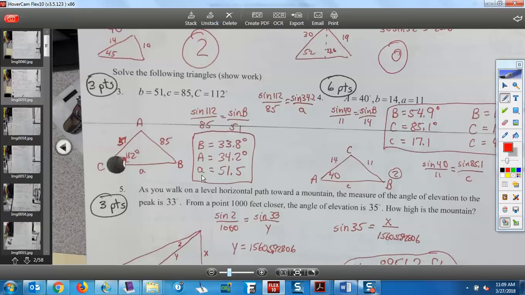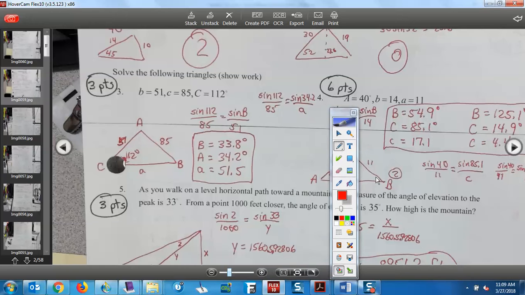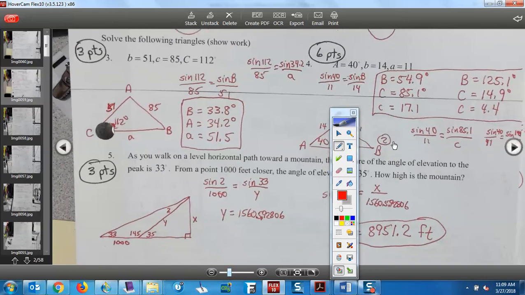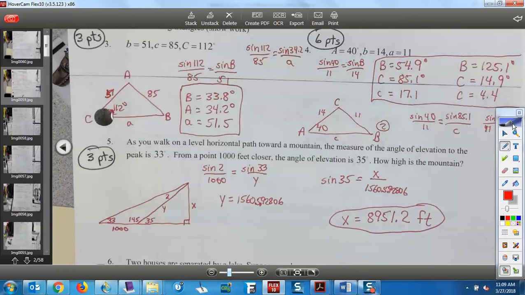Those are the different parts of that one. I want to go through number 4 here with you, just to make sure those are the answers for number 4, and we'll go through that one together. That was commonly missed, maybe most commonly missed.